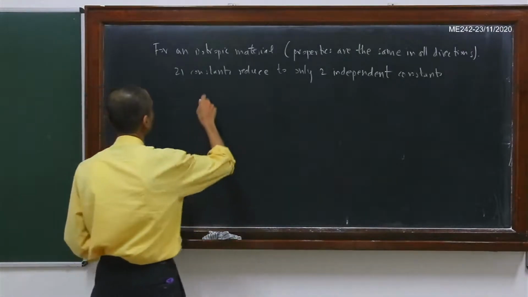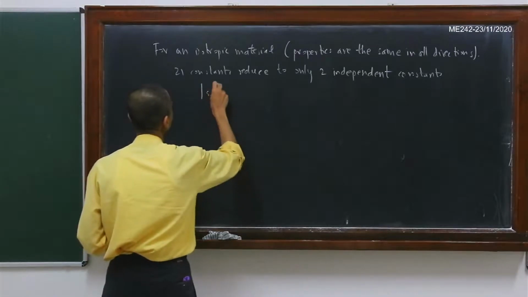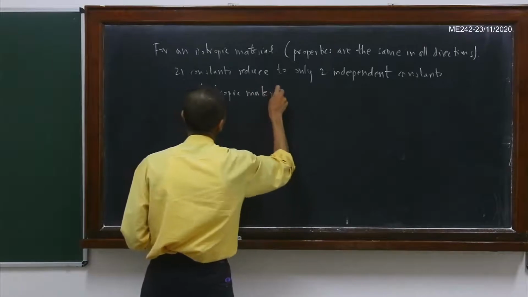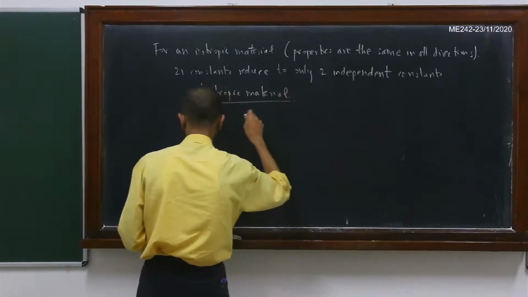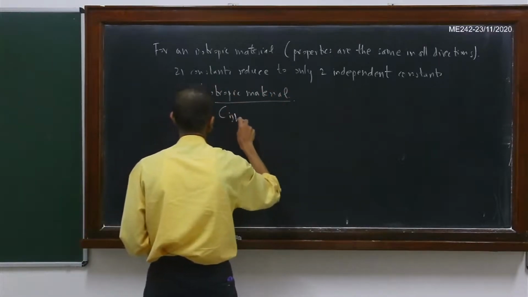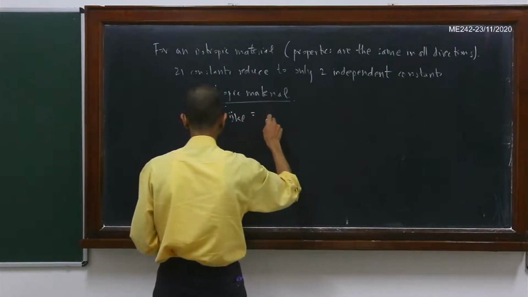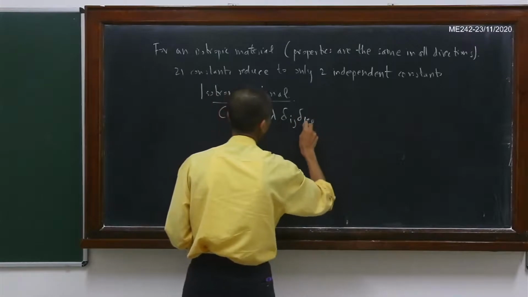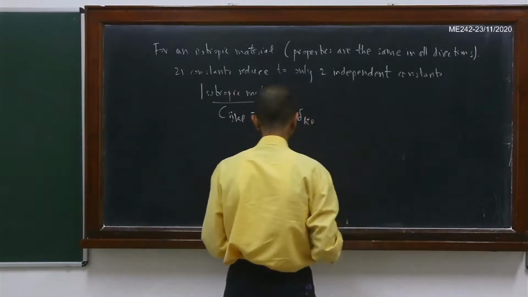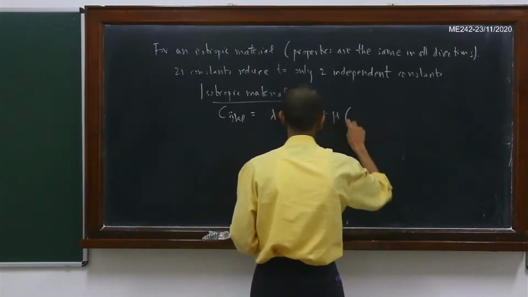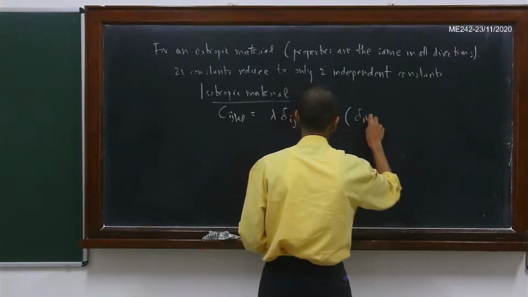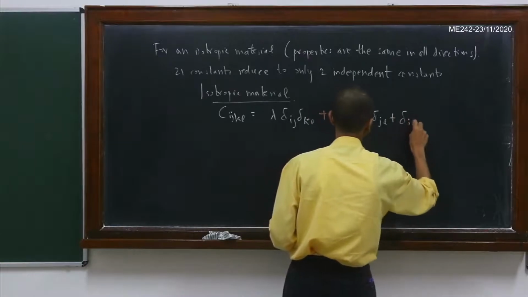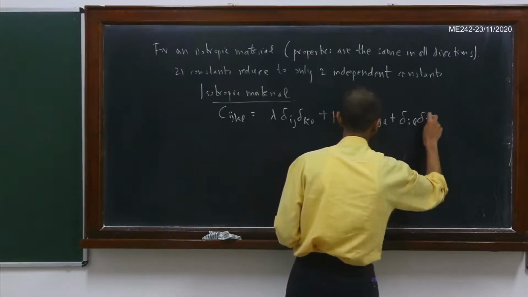For an isotropic material, C_ijkl is equal to lambda times delta_ij delta_kl plus mu times (delta_ik delta_jl plus delta_il delta_jk).